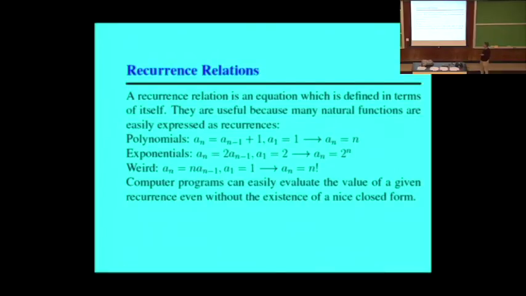a_n equals n times a_{n-1}. The next term is the previous term multiplied by something, or added to something, or manipulated in some way. Does everybody see that? And you could have more complicated equations where the value depends upon a lot of previous terms. Okay?